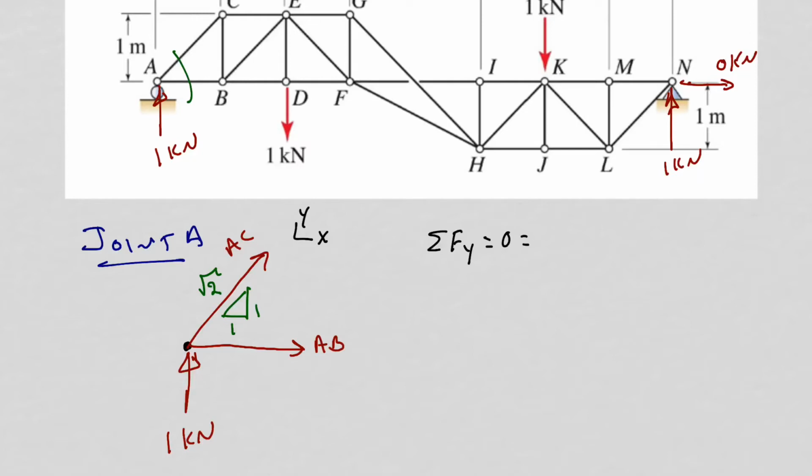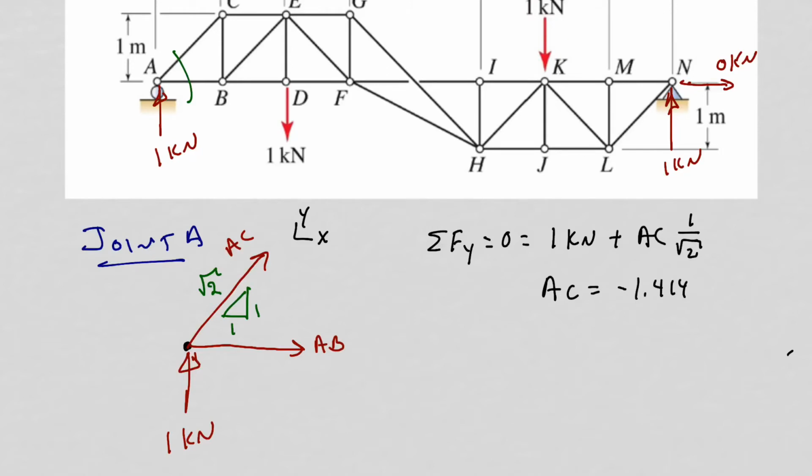With that in mind, we have a positive 1 kilonewton going up plus AC times 1 over the square root of 2.